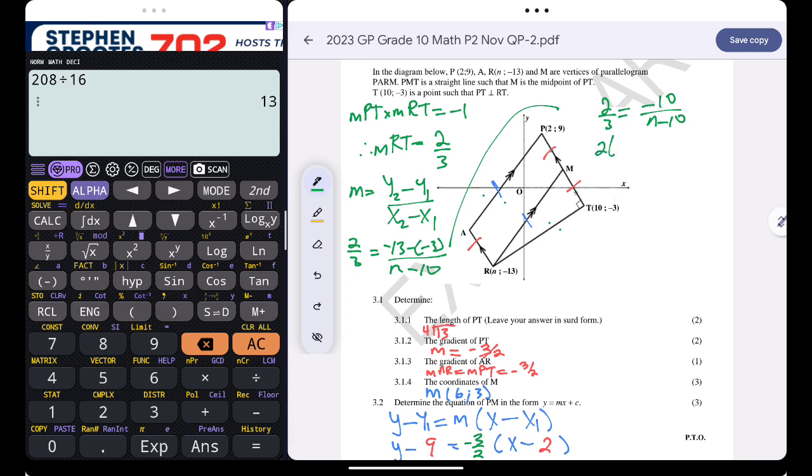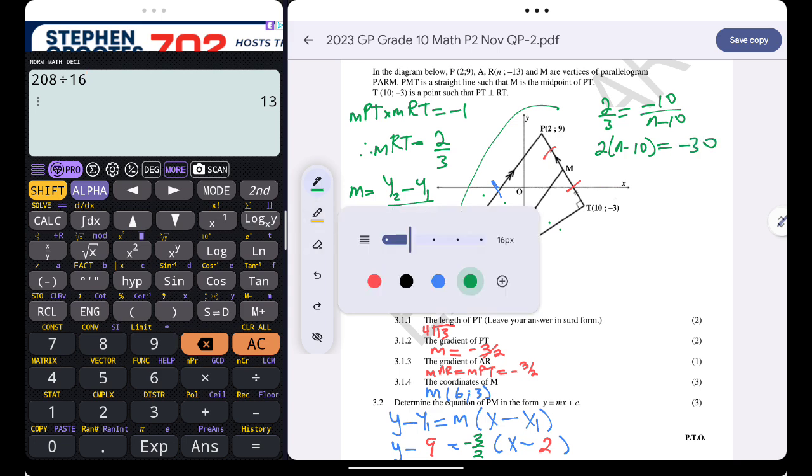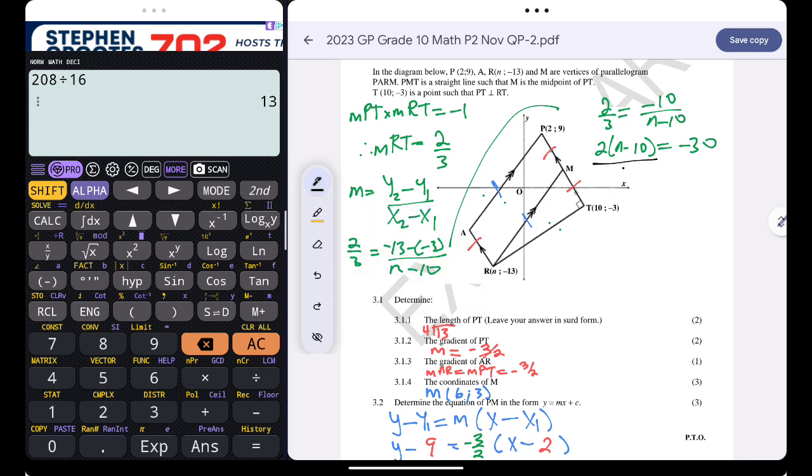I'll have 2 times n minus 10, and 3 times the negative 10, I'll get negative 30. When I divide both sides by 2, I'll get n minus 10 is equal to negative 15. Then when I take the 10 to the other side, it will be positive. Then I'll have negative 15 plus 10, I'll get negative 5.